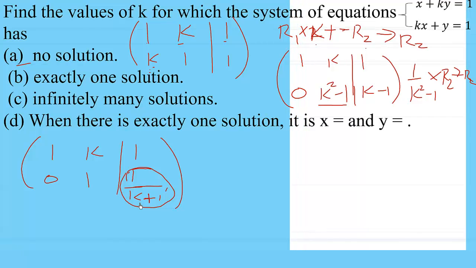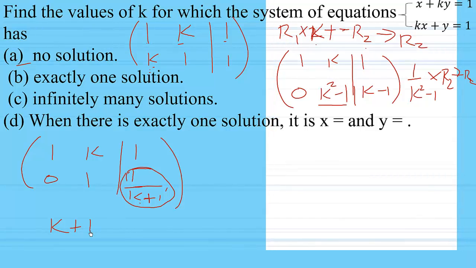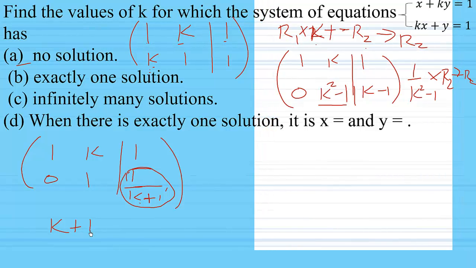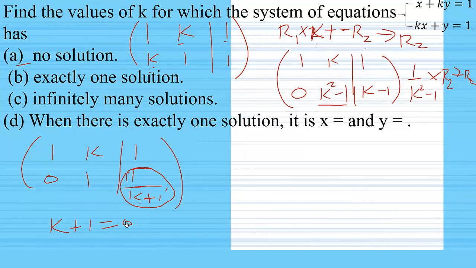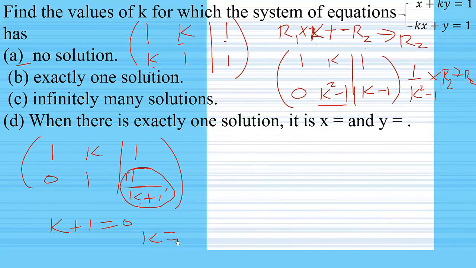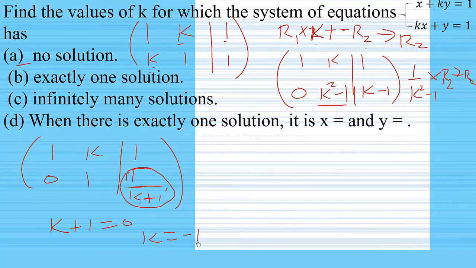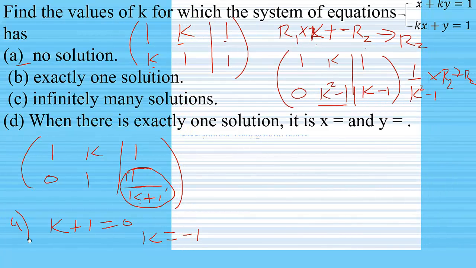So k plus 1 should not be equal to 0. So if k plus 1 equals 0, then it will have no solution. Therefore, k will be equal to negative 1. When k is negative 1, the system will have no solution.